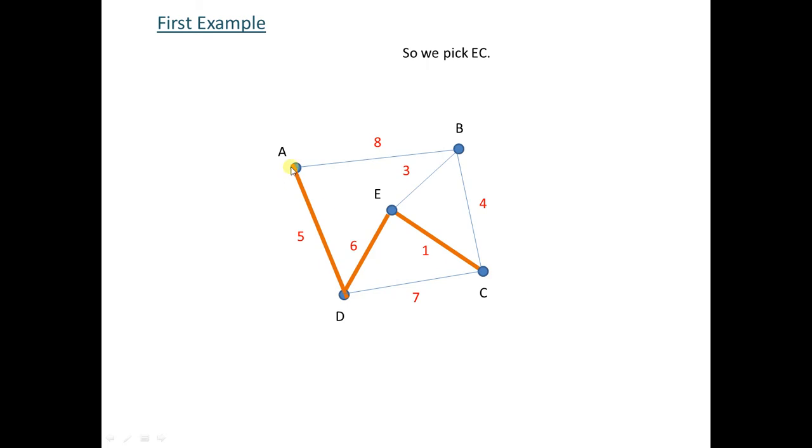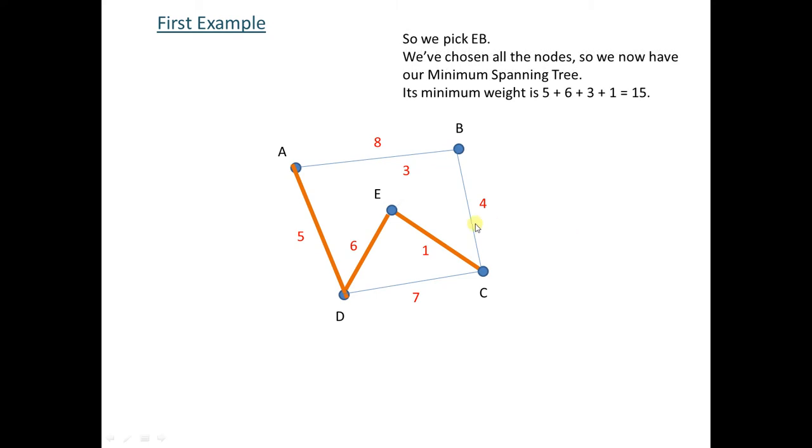Right, then you look at nodes A, E, D and C. Look at all the arcs coming out of those and find the one with the smallest weight, which is this one here, E to B. So draw that in. And now we've chosen all the nodes and we've found our minimum spanning tree. And the minimum weight is the sum of the weights on those arcs, in this case 15.